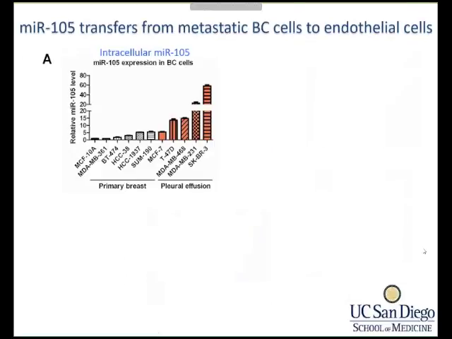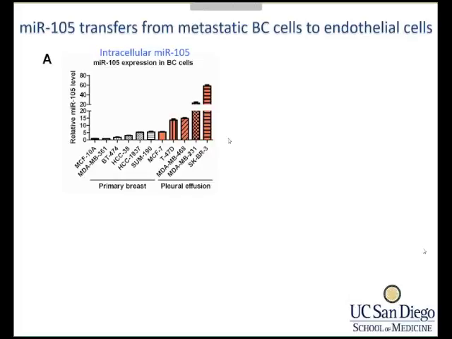So we further focused on miR-105, which is highly secreted by metastatic breast cancer cells. As indicated in this figure, when we compared a panel of breast cancer cell lines and the non-cancer cells, MCF10A, those breast cancer cells originally isolated from pleural effusion, indicating high metastatic potential, express a much higher level of miR-105.